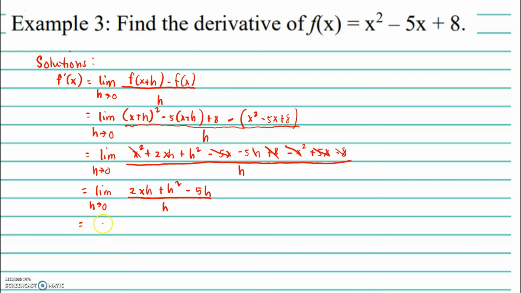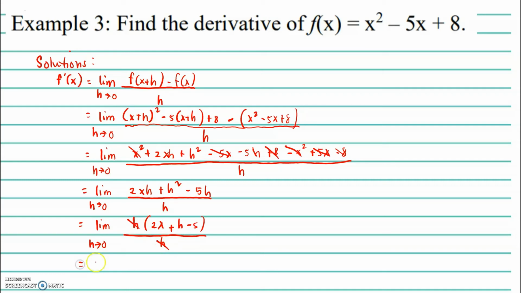Okay, factor out your numerator, so we can divide out h. So we have the limit of h times 2x plus h minus 5 all over h as h approaches 0.